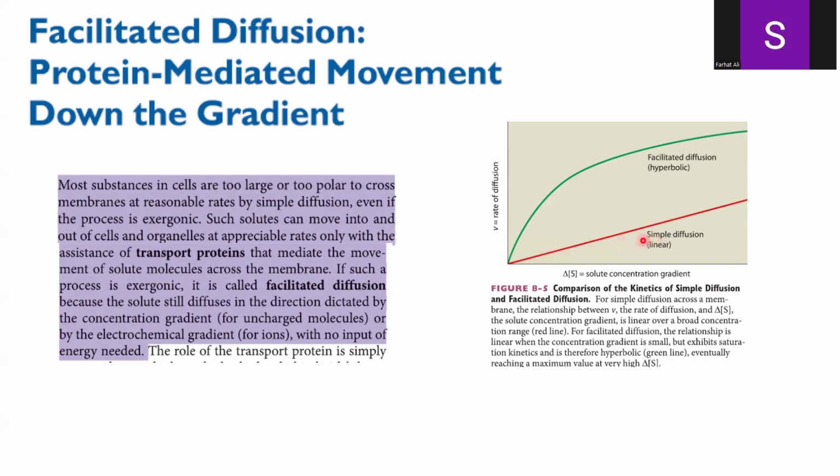So the red line shows the process of simple diffusion. It is dependent on the concentration gradient. However, the green line is representing the process of facilitated diffusion. So as you can see, the process of facilitated diffusion can transport the solute molecules more effectively and efficiently.